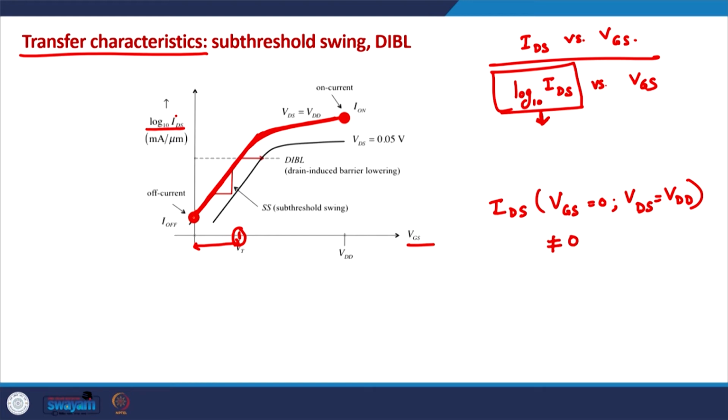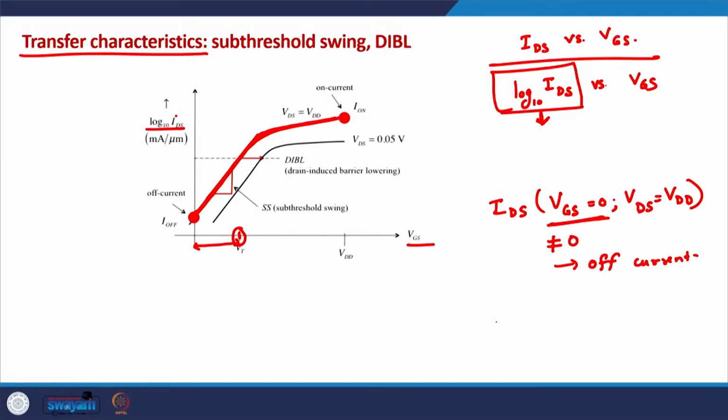As you can see here, this is the intersection of this line on the current axis, and this is known as the off current. When VGS is 0, we expect that the device should be off, because we presume there is no channel if VGS is below the threshold voltage.